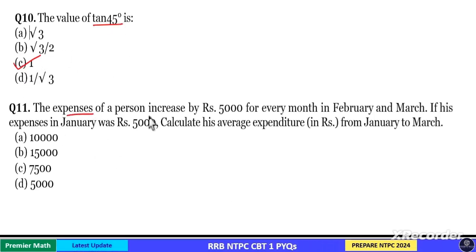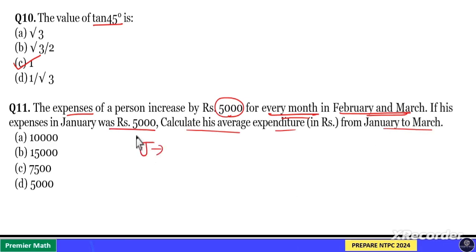The expense of a person increases by rupees 5,000 every month in February and March. If his expense in January was rupees 5,000, calculate the average expenditure from January to March. In January, expenditure was 5,000 and expense increases by 5,000 for every month in February and March.